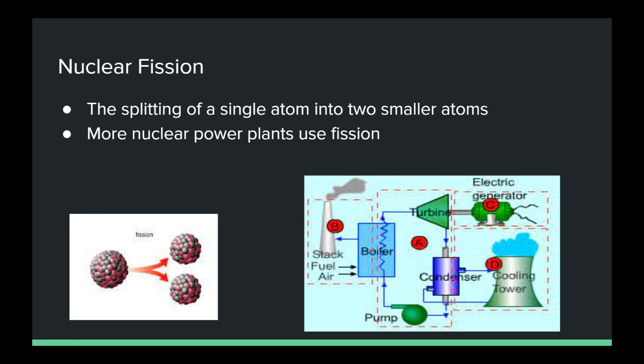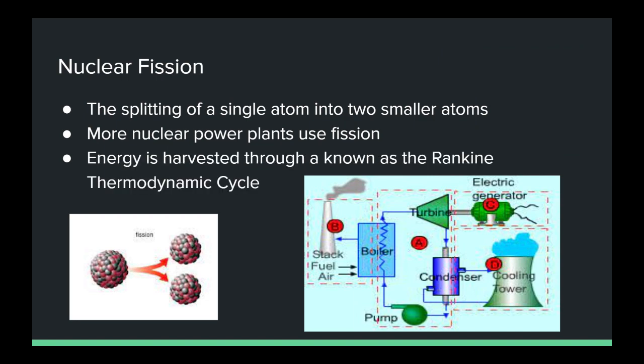So let's see. Energy is harvested through a process known as the Rankine thermodynamic cycle. I will outline that as well, but we also have an image in the right corner that will walk you through the graphic of that.